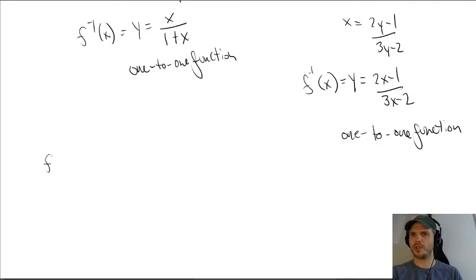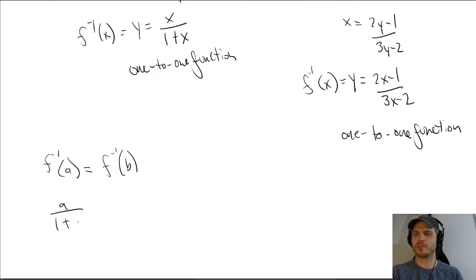So we want f inverse of a equal to f inverse of b, and so that's a over 1 plus a equals b over 1 plus b.